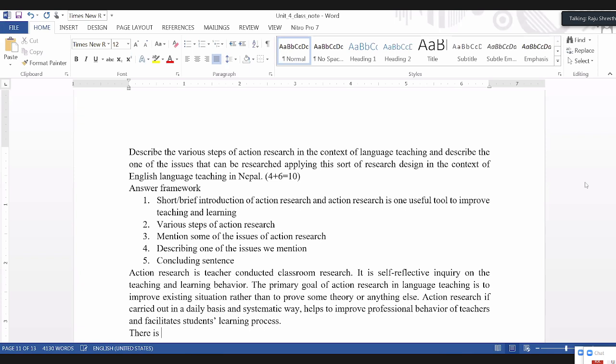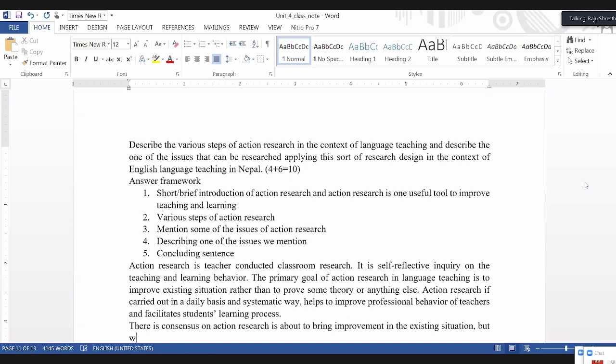There is consensus that action research is about bringing improvement in the existing situation.